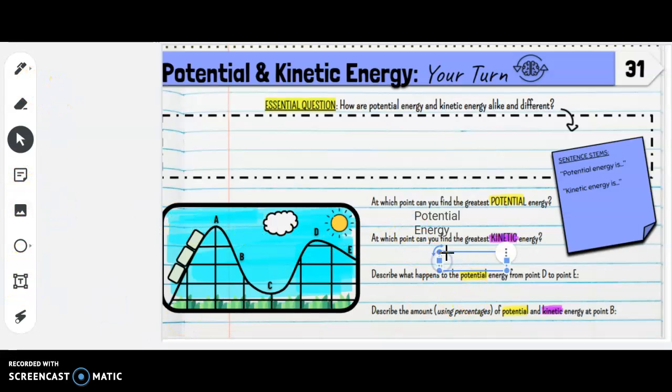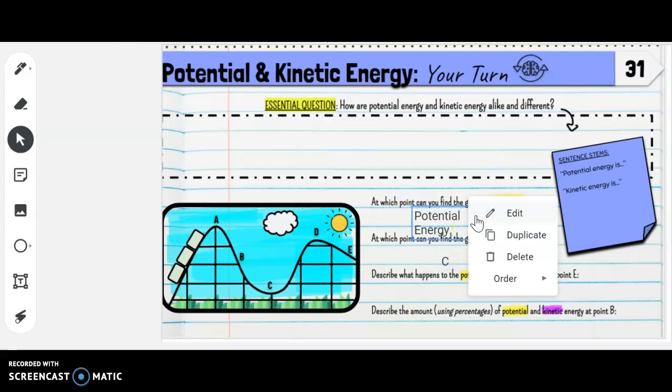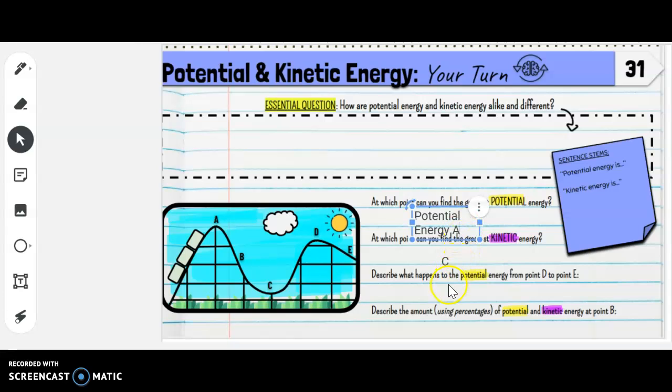C. And we said the first one was A. And let's look at the third one.